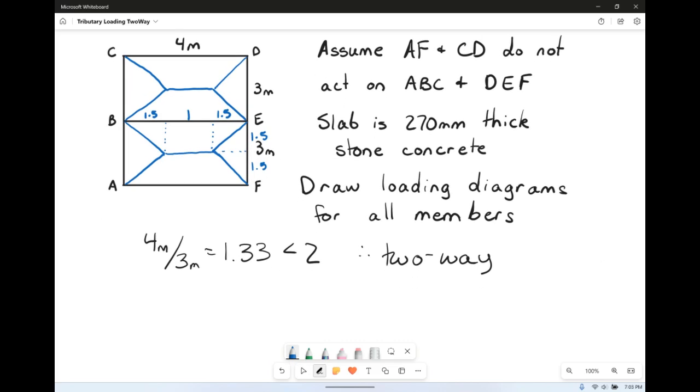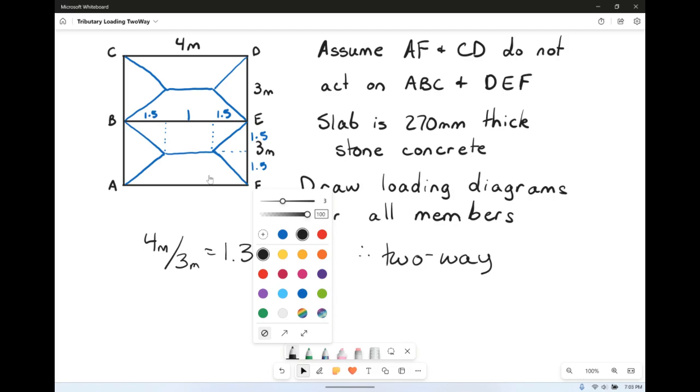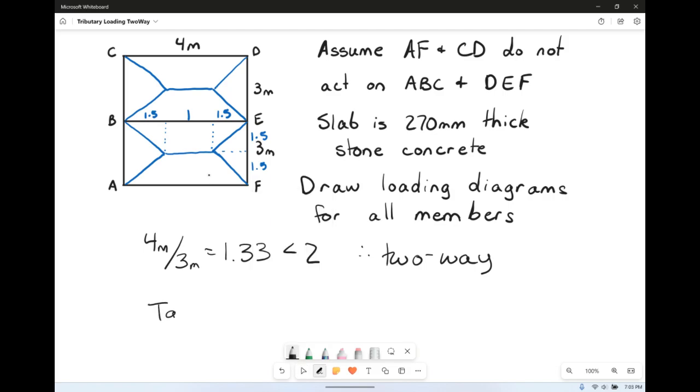Next, we kind of need to know what is the weight of the slab. So we need to go to table 1.3, and at table 1.3, we find that 0.023 kilonewtons per meter squared per millimeter of depth is the weight of stone concrete.